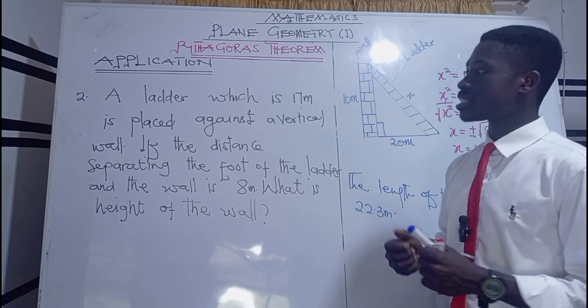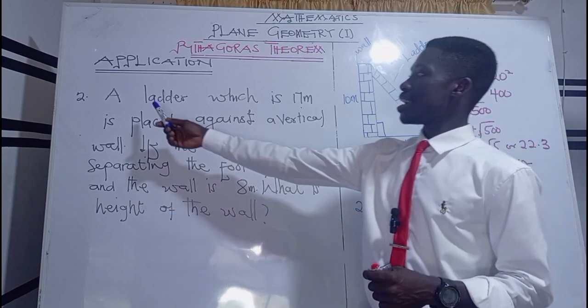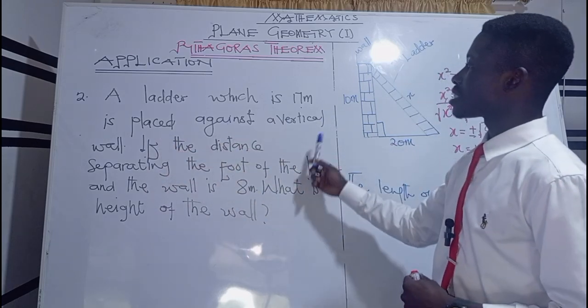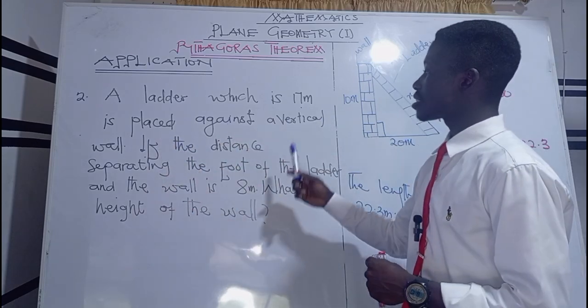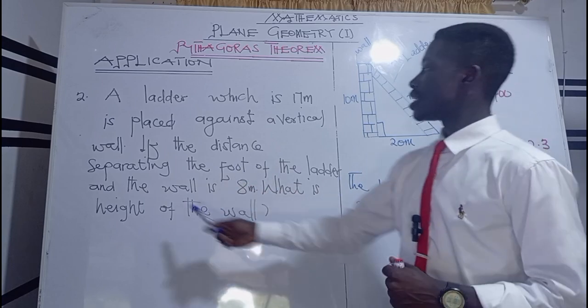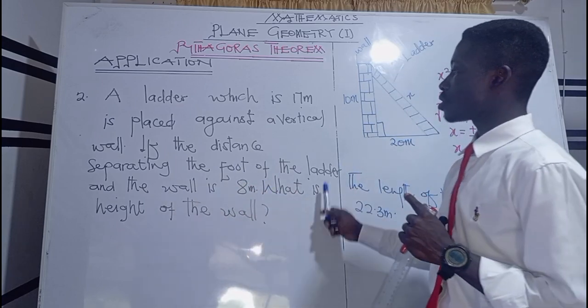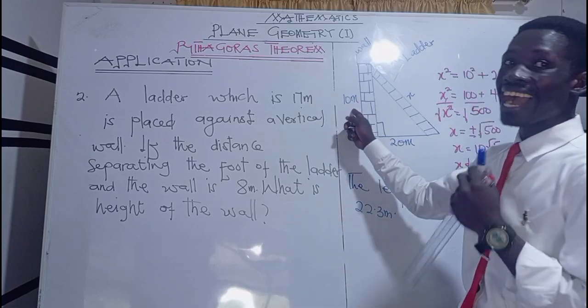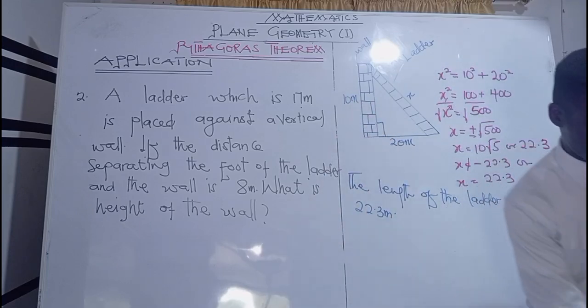So this is our second example. It reads, a ladder which is 17 meters is placed against a vertical wall. If the distance separating the foot of the ladder and the wall is 8 meters, what is the height of the wall? So with this one, we are going to find the height of the wall.